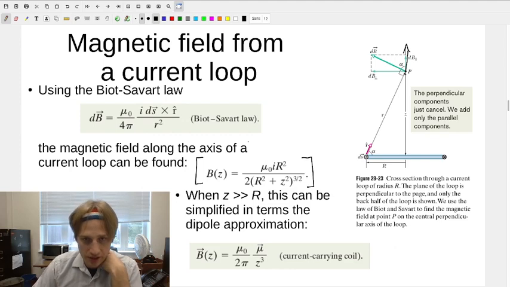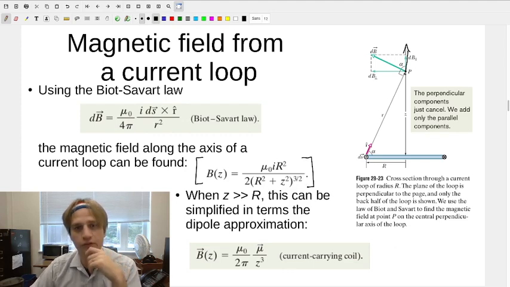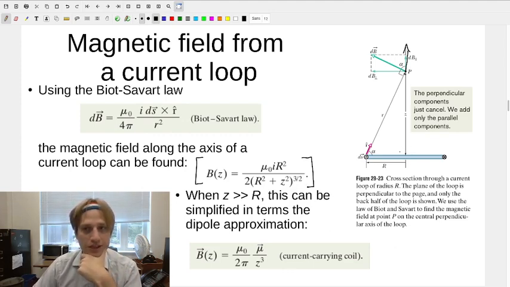Now, this expression is already not so bad to work with. It's even nicer, though, if you go far away from the loop. If Z is much bigger than R, then we can get a nice approximation, where now we can write the magnetic field in terms of Z, how far away we are, and mu, the magnetic moment.